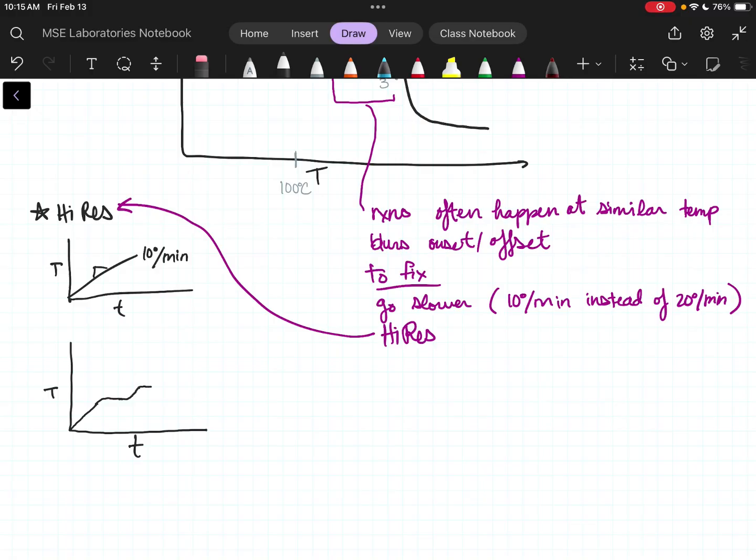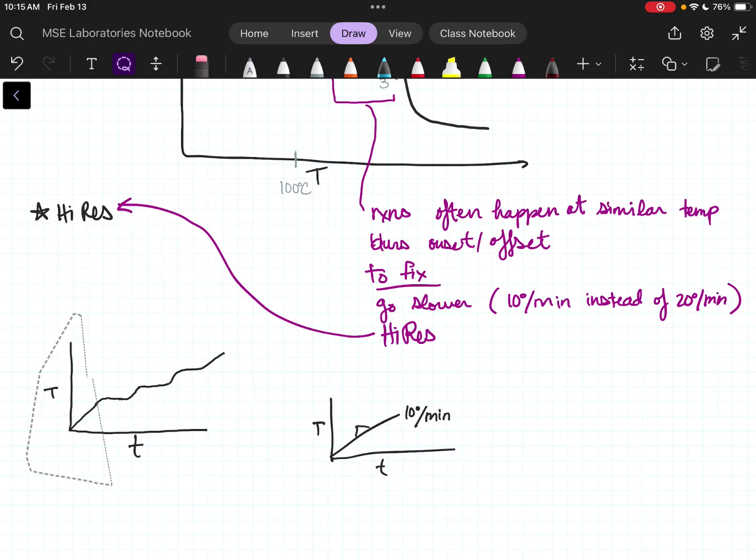So high res, the instrument monitors mass change, and it controls the rate. Normal heating, I've got time, I've got temperature, I have a linear rate, right? So this one would be like 10 degrees per minute is the slope of that right there.